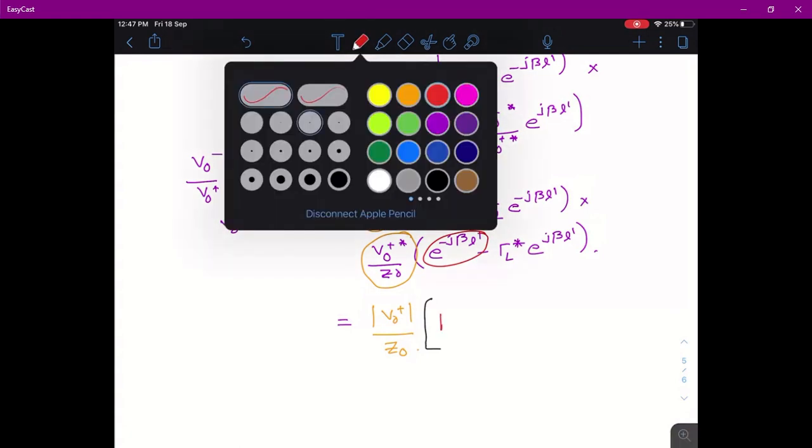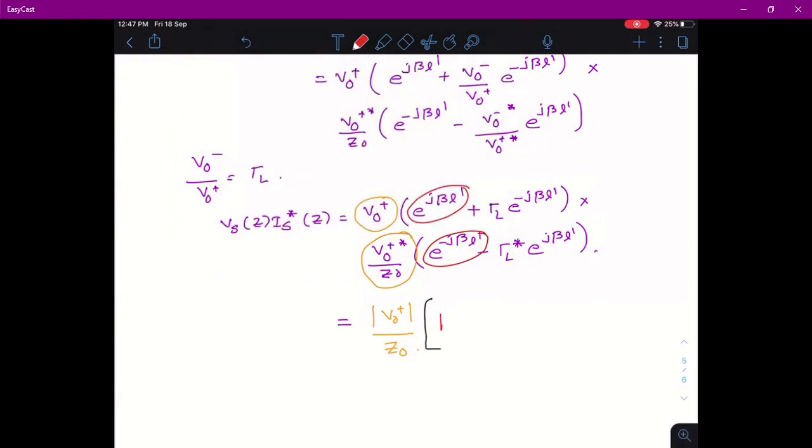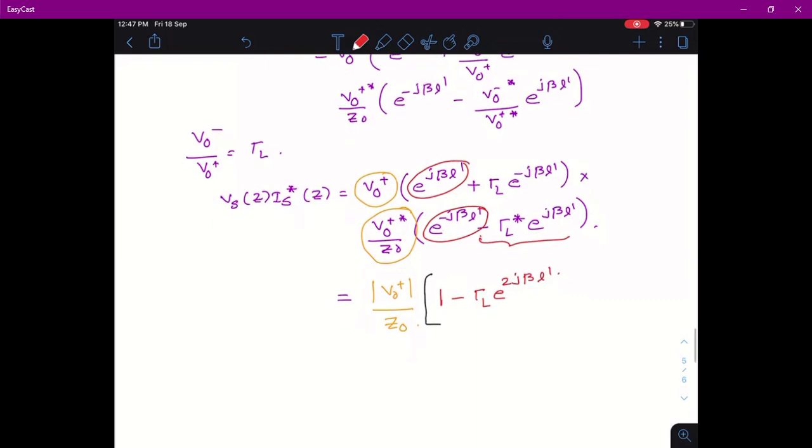Now, if you multiply e raised to j beta L dash and minus tau L conjugate e raised to j beta L dash, you will get minus tau L conjugate e raised to 2j beta L dash. Okay. So, this multiplied by this, and this multiplied by this gives you 1.